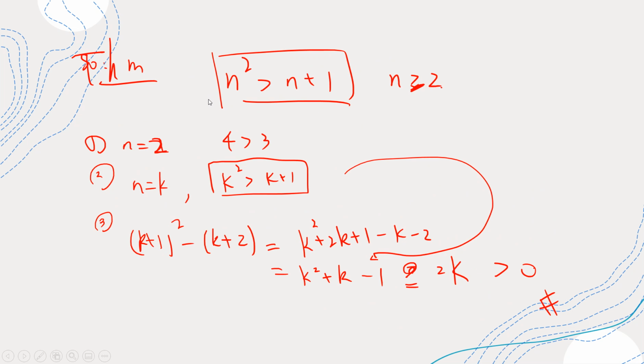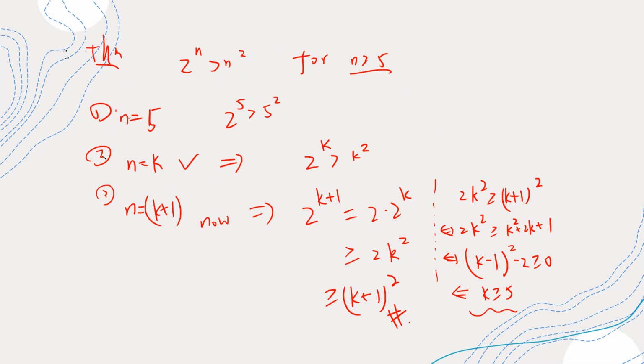Okay, so finally we have two final examples. 2 to the n is greater than n squared for n greater than or equal to 5. If n is 5, then 2 to the 5 is greater than 5 squared, right? This is 32 versus 25. Suppose n equals k is correct, so 2 to the power k is greater than k squared.